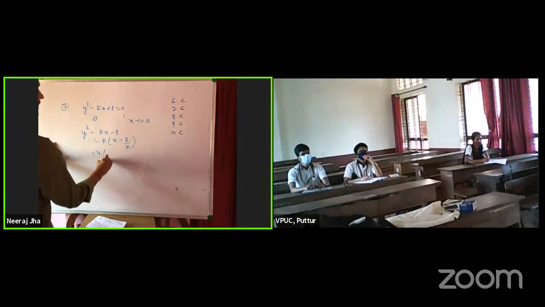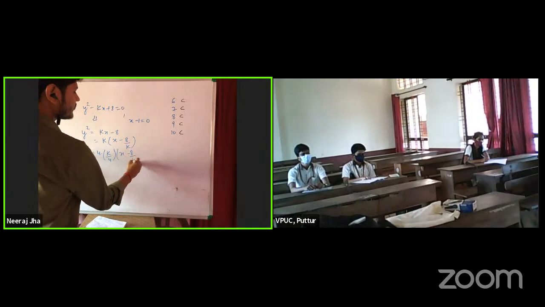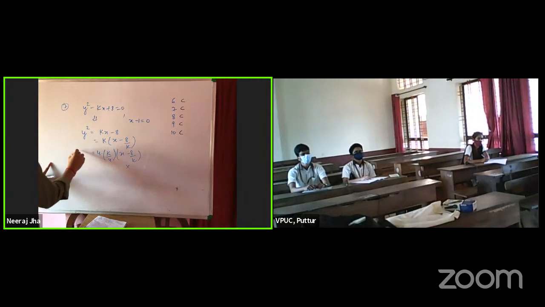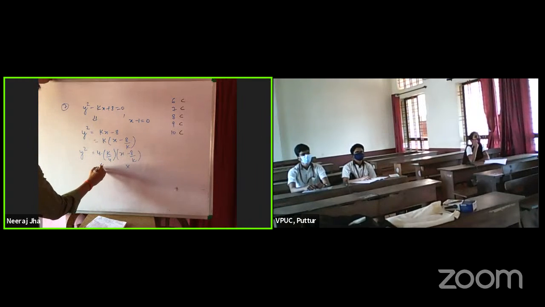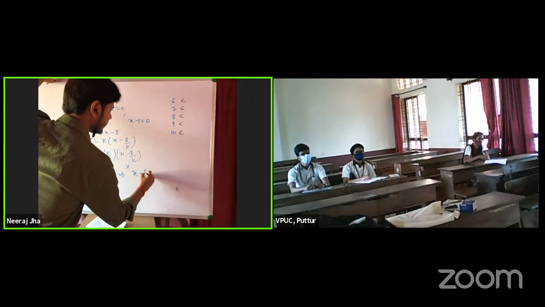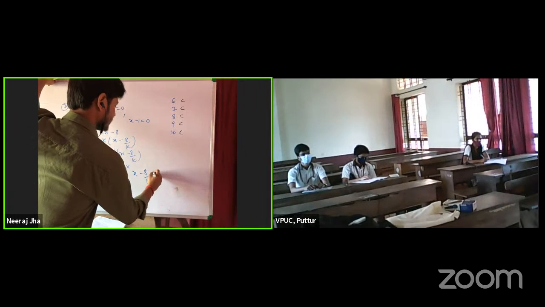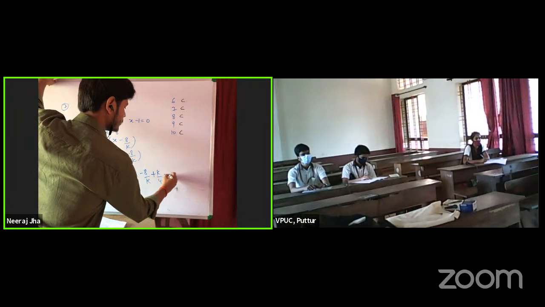I will write it like this: k by 4 into (x minus 8 by k). This is capital X, this is a, this is y square. So its directrix will be capital X plus a is equal to 0. Hence, x minus 8 upon k plus k by 4 is equal to 0.